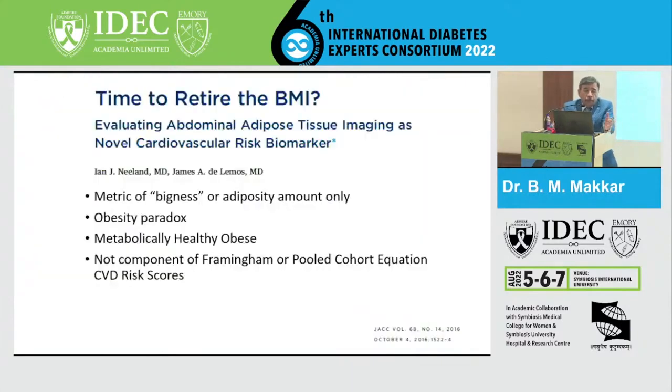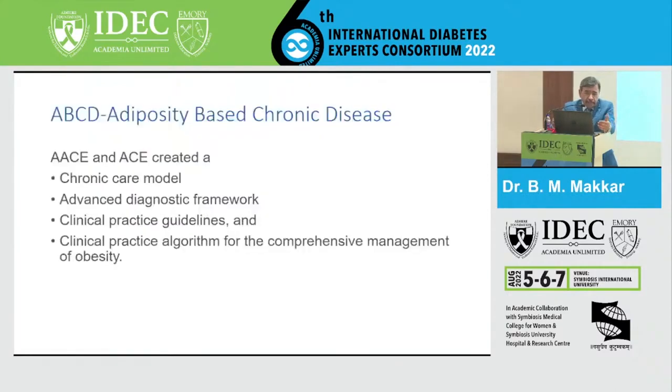So what has happened in recent time is that AACE, American Association of Clinical Endocrinology, and ACE, American College of Endocrinology, have created a chronic care model with an advanced diagnostic framework and also clinical practice guidelines, which help in a clinical practice algorithm for comprehensive management of obesity, offering you a comprehensive system of obesity management.